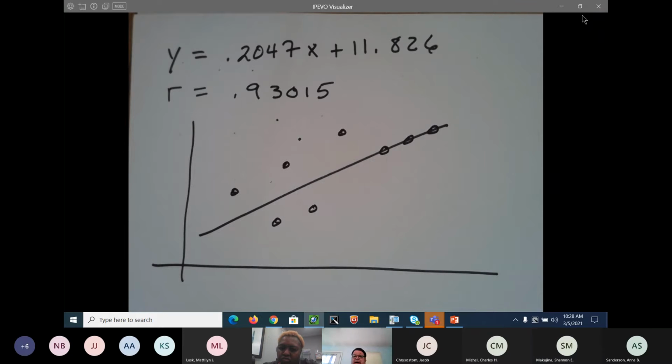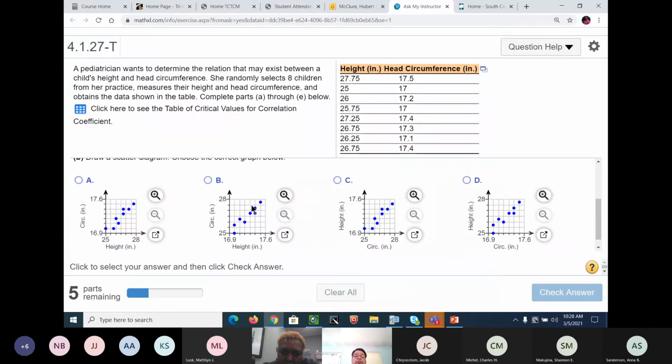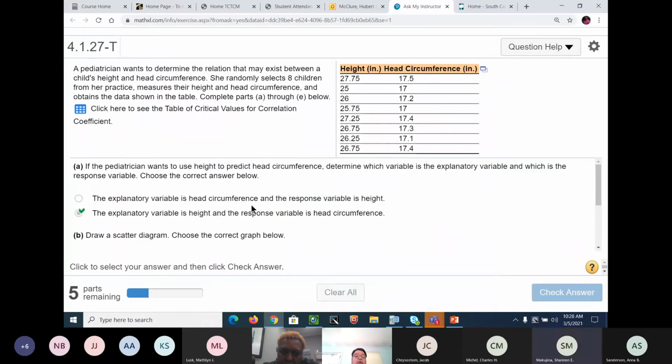So I'm going to go back to my question. Okay, always remember this. What is explanatory? What is the second letter of explanatory? X. And that's your x-axis. So always remember that. Explanatory, that's your x-axis. Okay. So what is our x-axis?